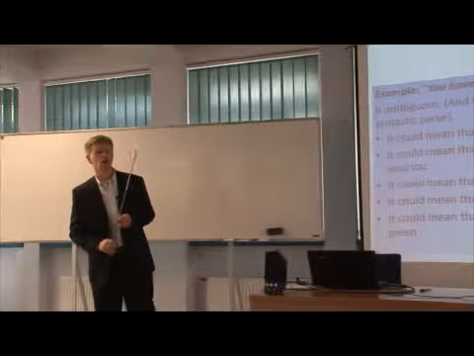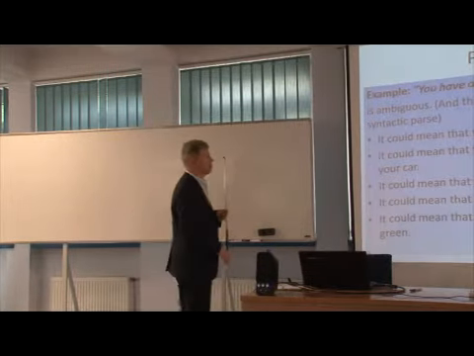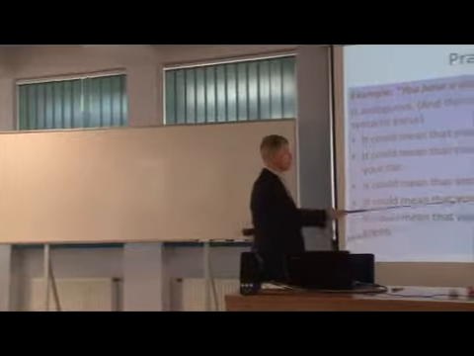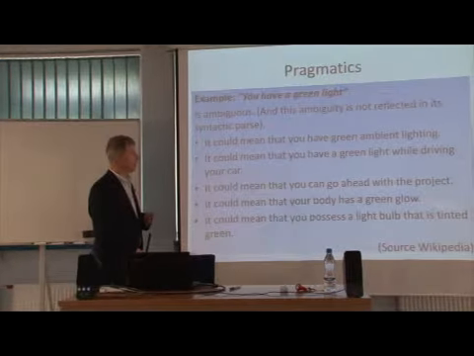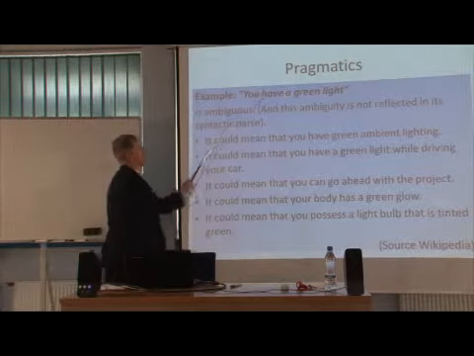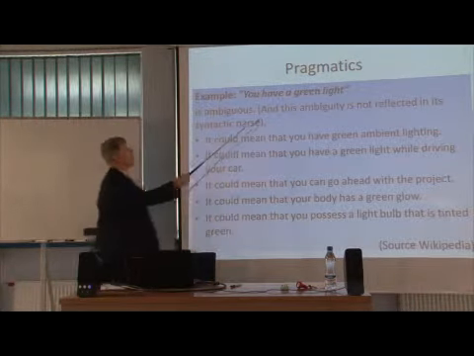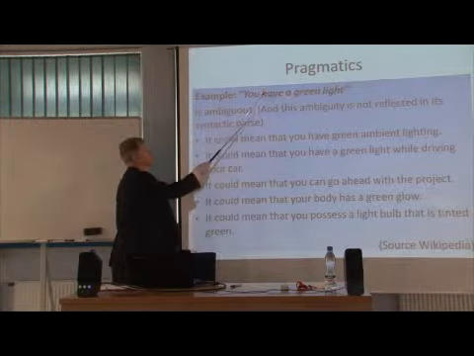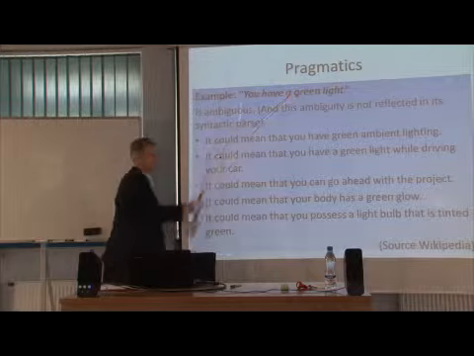Somebody saying you have a green light, your body glows green. It could also mean that you have a light bulb. So all of these are different, deeper meanings of "you have a green light," even though maybe we would represent it as a predicate, have(you, green light).